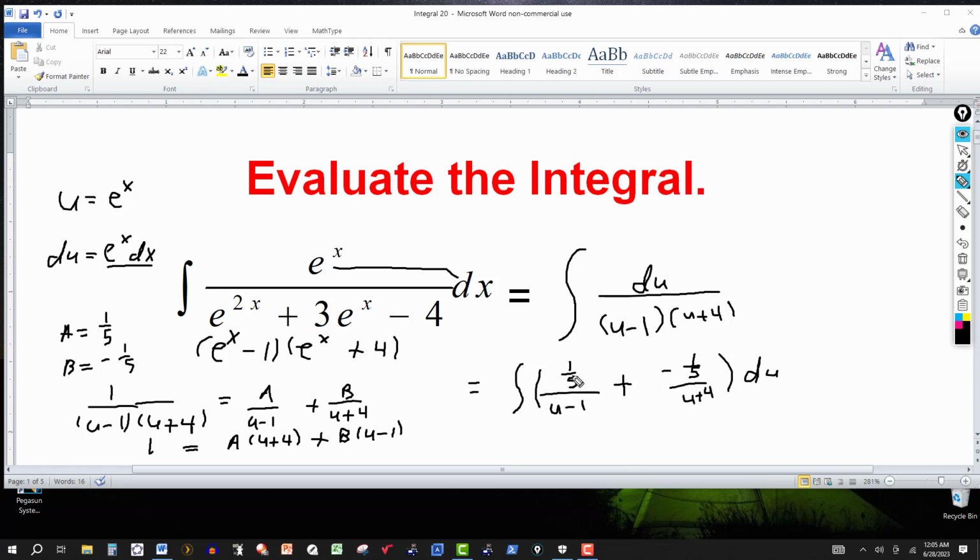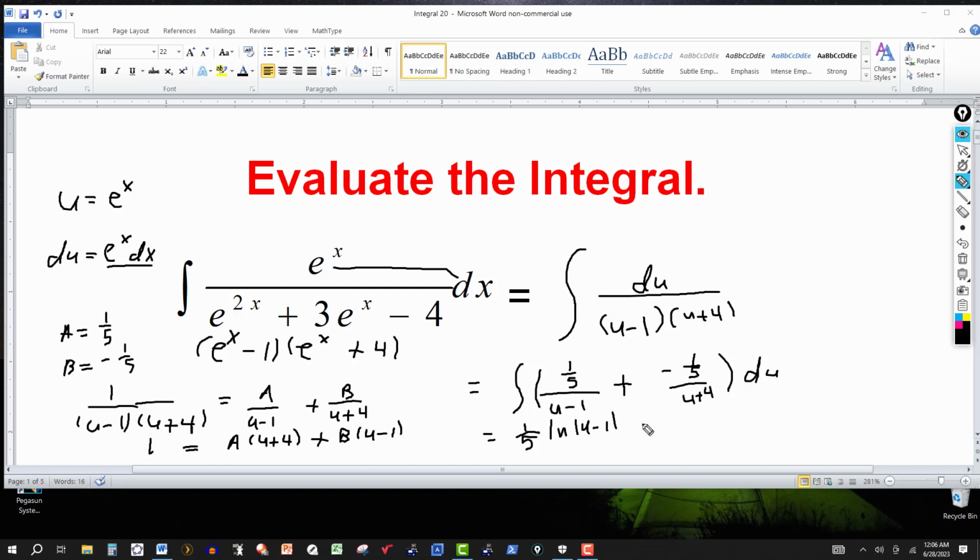So again, you can break this down into two integrals, but we'll do it from here. For the first one, the coefficient is 1/5. I could bring that out, and this would be 1 over u minus 1. So that's like a 1 over u. Anytime you have a linear factor like that, where the coefficient of the variable u is 1, it's going to be the natural log of that expression. So the integral of the first part would be 1/5 natural log of the absolute value of u minus 1.